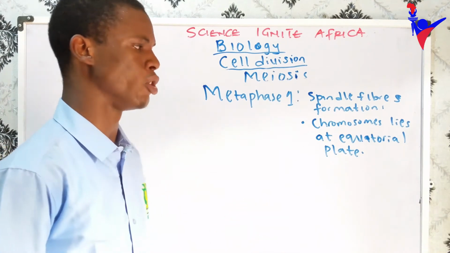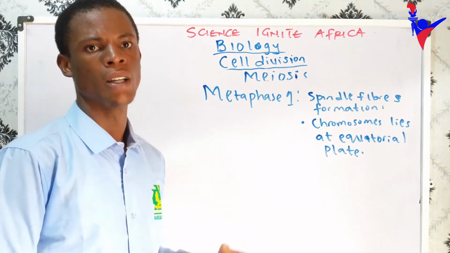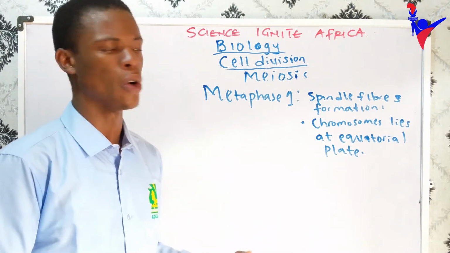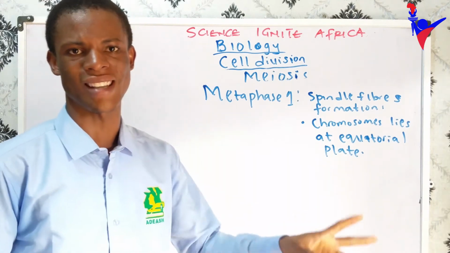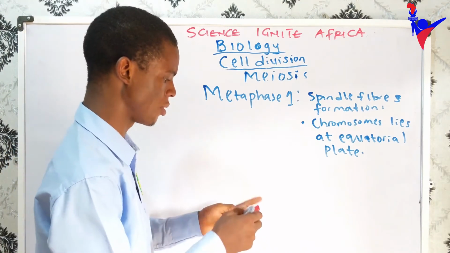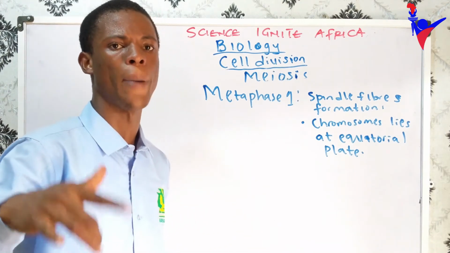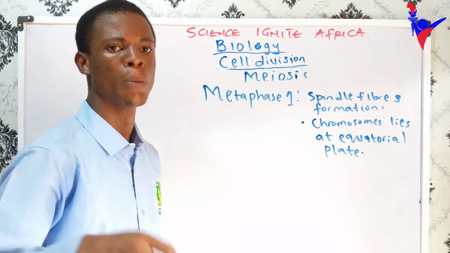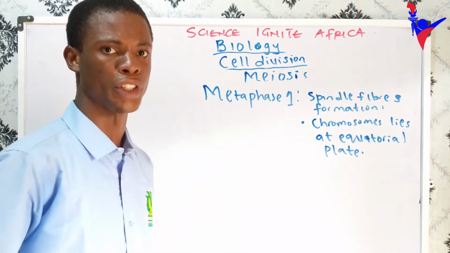Don't forget that a chromosome has two sister chromatids, joined together by a protein-like structure, the centromere.